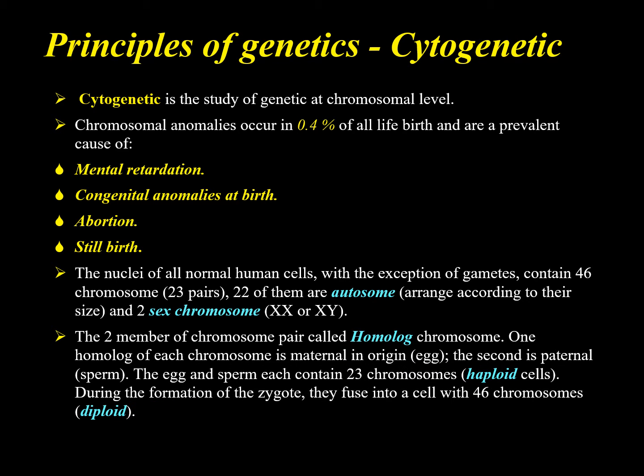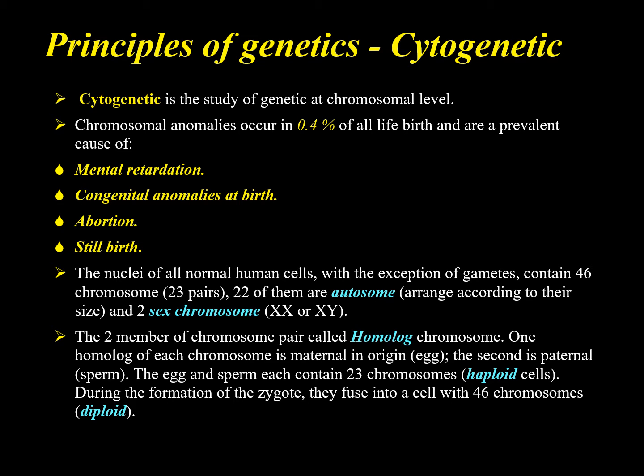The two members of a paired chromosome are called homologous chromosomes. One homologue of each chromosome is of maternal origin, the source is the egg, and the second is paternal, the source is the sperm.